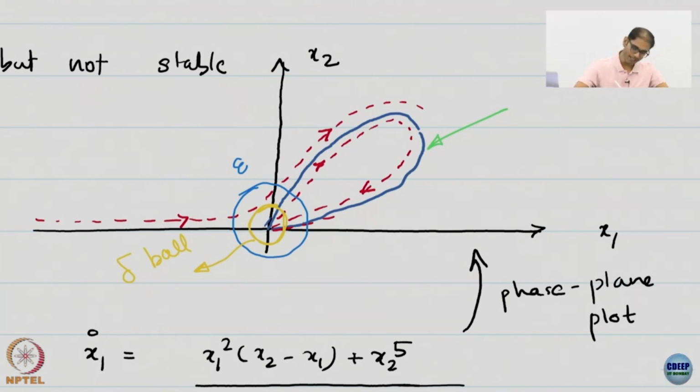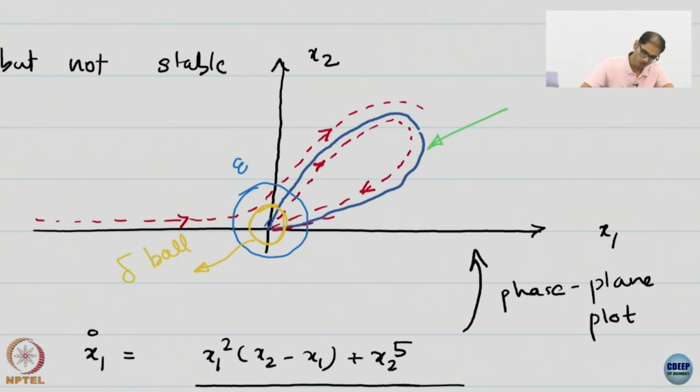Because any delta ball will definitely have initial conditions outside this. It does not matter if it is outside or inside, there is no initial condition which will remain inside the epsilon ball, they will always go out like this, if epsilon is like this.